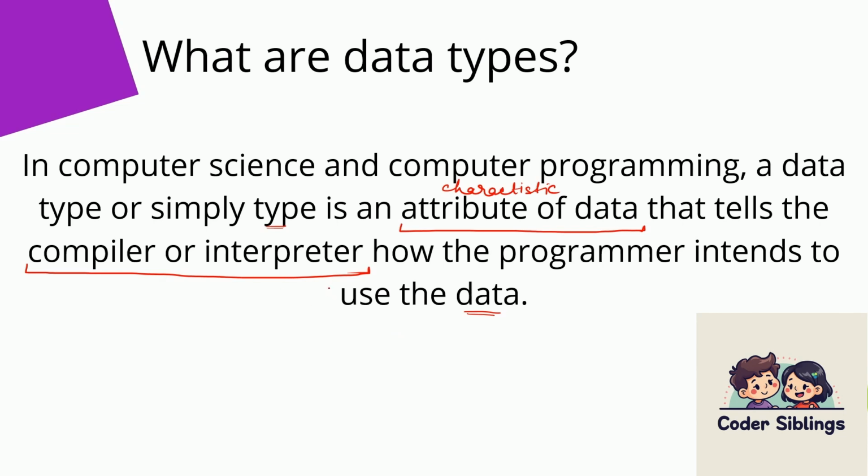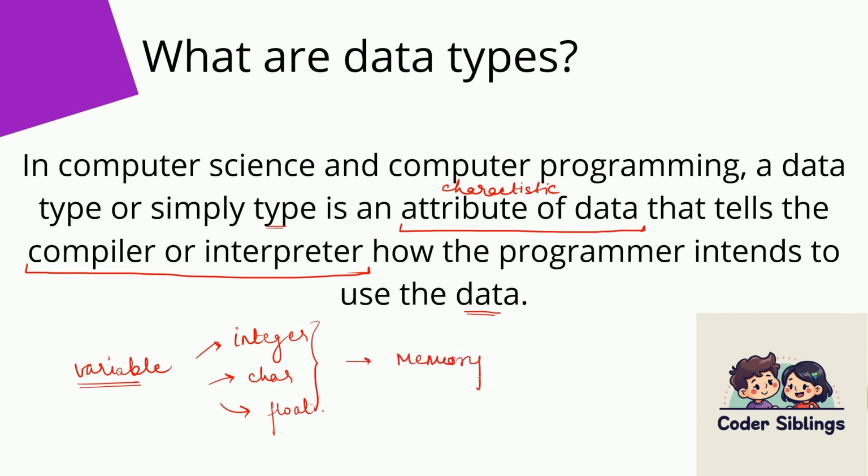We need to tell the compiler or interpreter how we want to use the data, and so we use data types. So all variables use a data type during their declaration. Whenever a variable is defined in C++, say we have an integer based variable or a character or a floating point number, whenever any variable is declared of any type, some memory is allocated to it, and this memory allocation is also dependent upon the type of data it is.